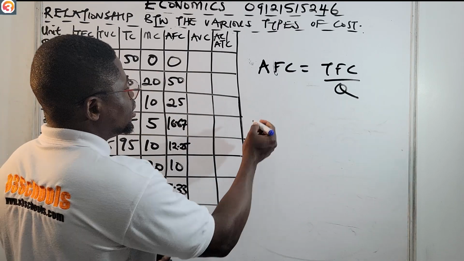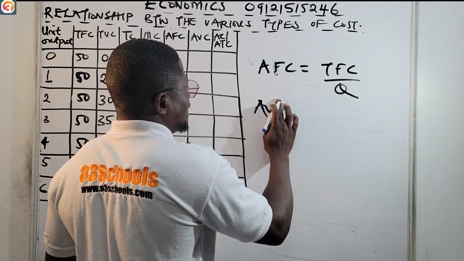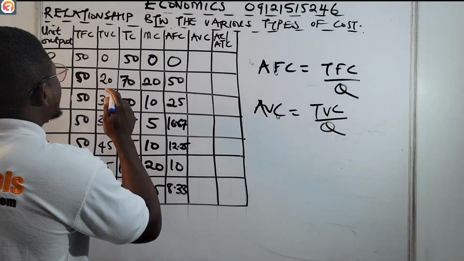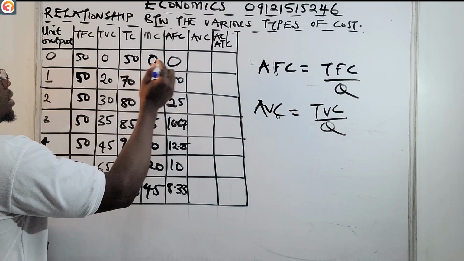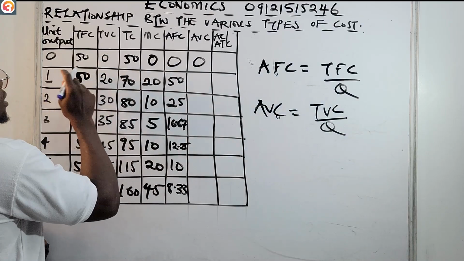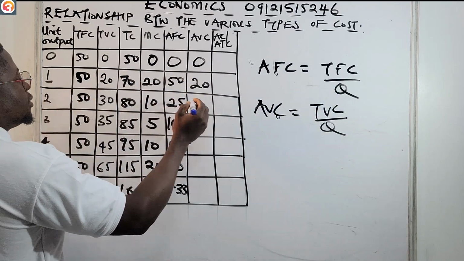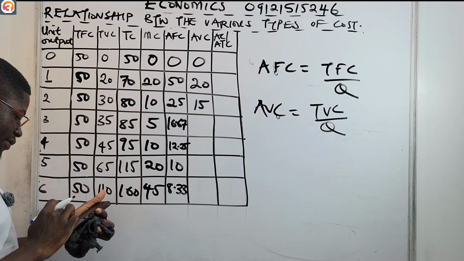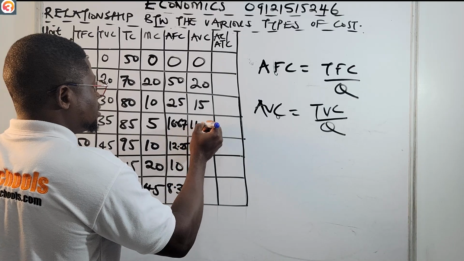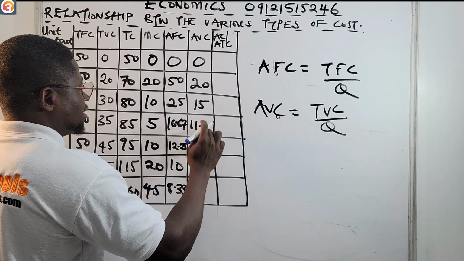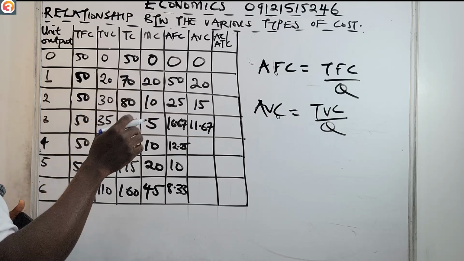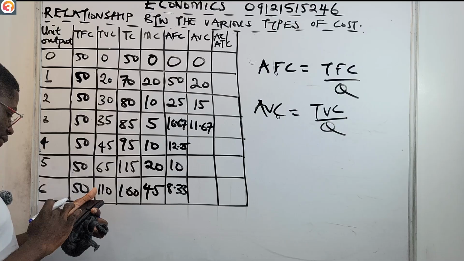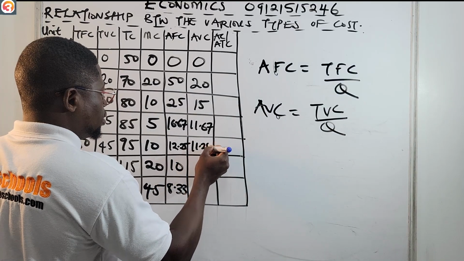Now, for our average variable cost, we said it is our total variable cost over Q. So 0 divided by 0 is 0. 20 divided by 1 is 20. 30 divided by 2 is 15. 35 divided by 3 is 11.67. Then total variable cost 45 divided by 4 is 11.25.